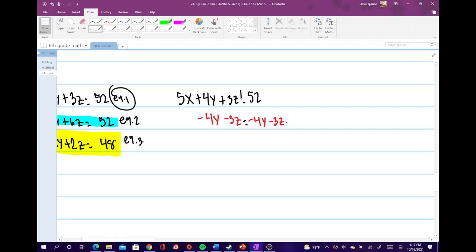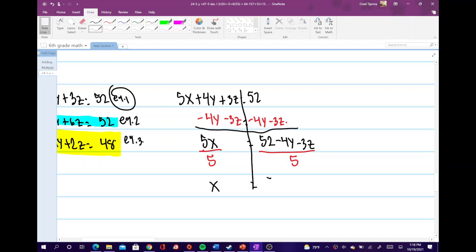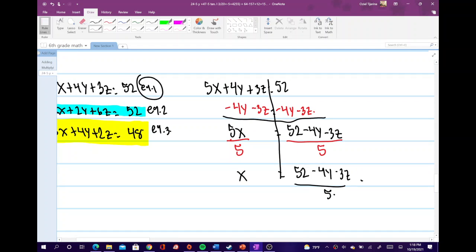So we have 5x equals 52 minus 4y minus 3z. We divide both sides by 5, and I'm going to keep it as a fraction. It's going to be x equals 52 minus 4y minus 3z all over 5. This is going to be new equation 1.